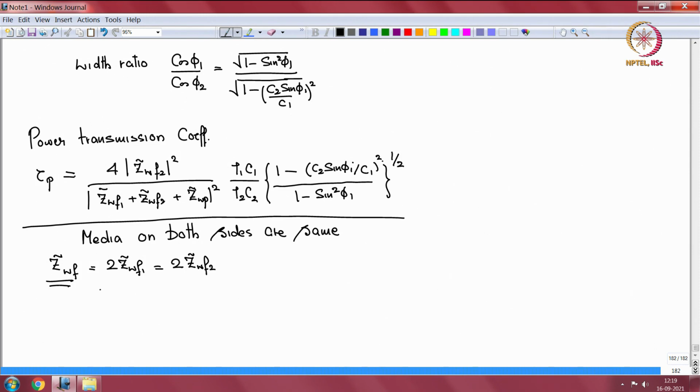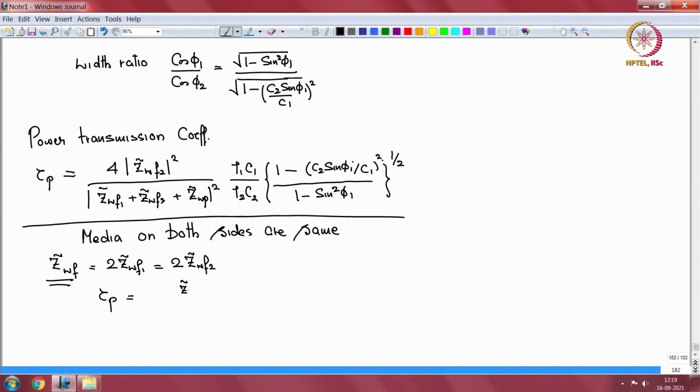So what is now the power transmission coefficient? Z tilde WF magnitude squared by magnitude Z tilde WF plus Z tilde WP magnitude squared. Okay.